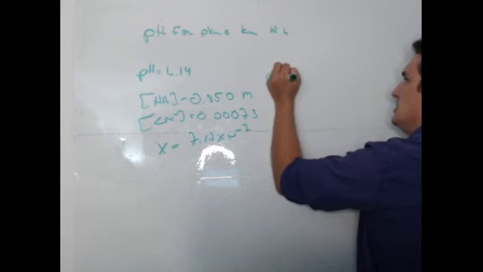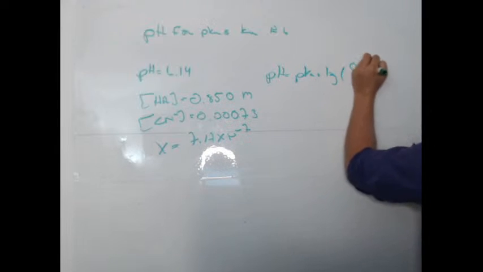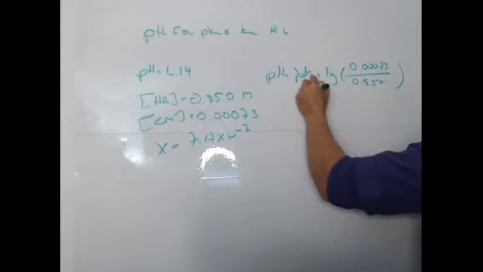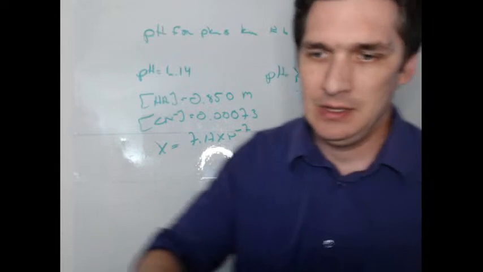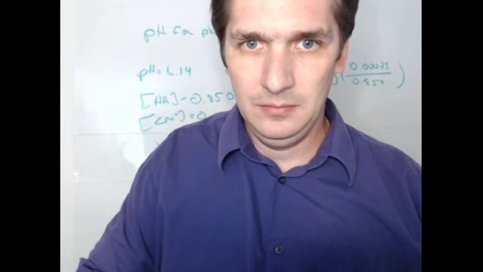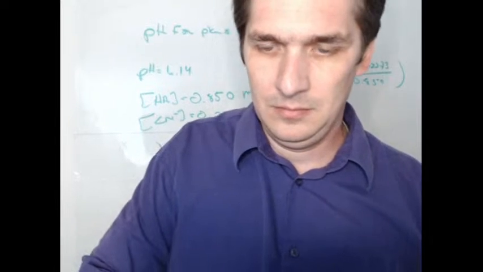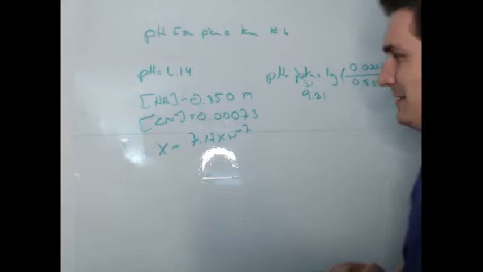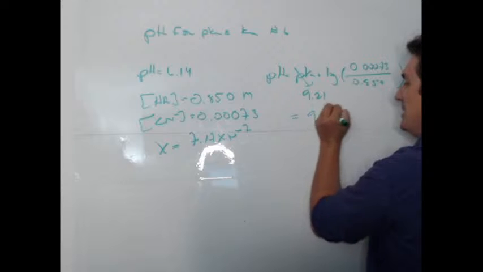So now we have pH equals pKa plus the log of 0.00073 over 0.850. And the pKa for this problem was 9.21. So I actually get the log of this, this ends up giving you 9.21 is the pH.